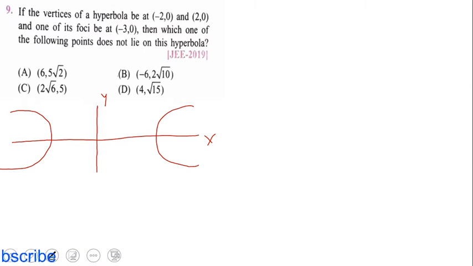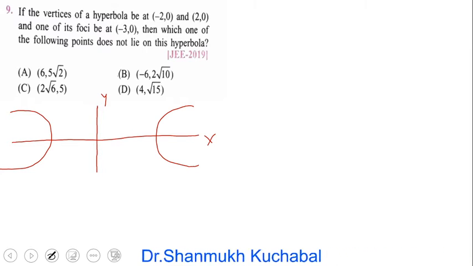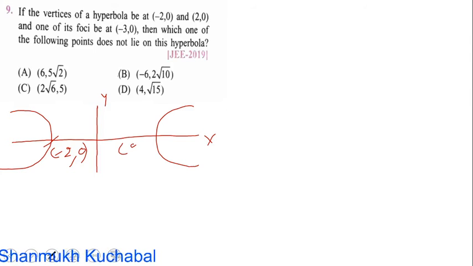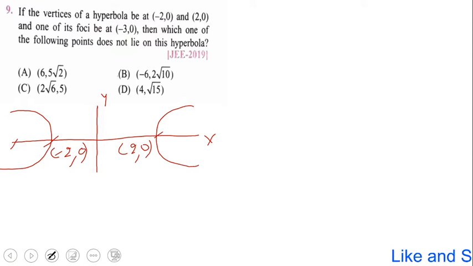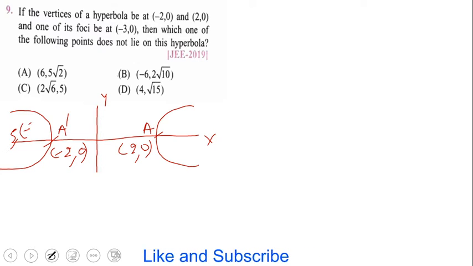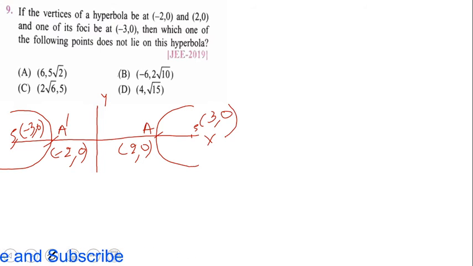Then the vertices are given, I can write this as (minus 2, 0) and (plus 2, 0), and the foci are given, so it is (minus 3, 0), so S is a focus, minus 3, 0, and S dash is plus 3, 0.